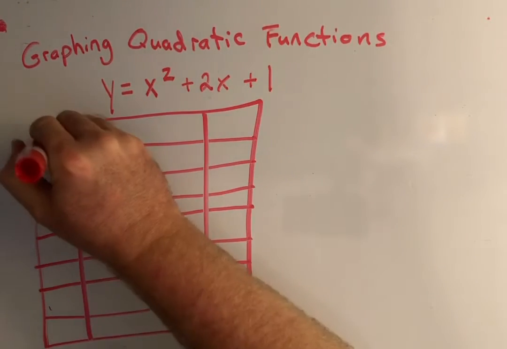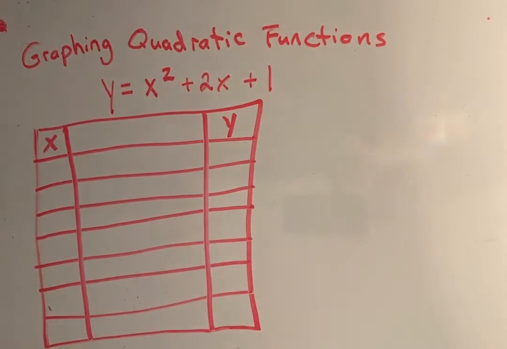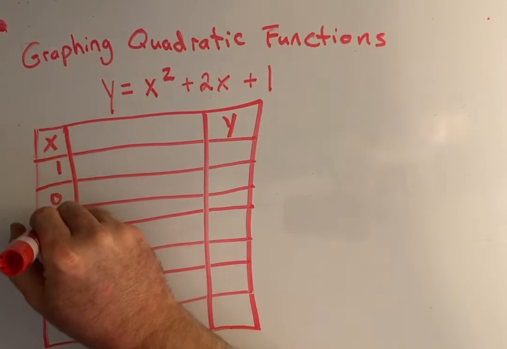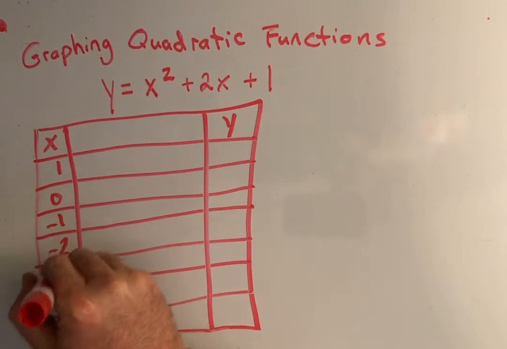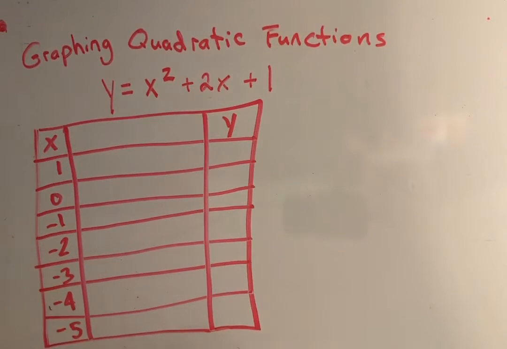All right. So here is going to be x, here is going to be y. As I said, we are going to use 1, 0, -1, -2, -3, -4, and -5. So many times when you do these problems and they're in a book, the book will even tell you the x values that it wants you to use.